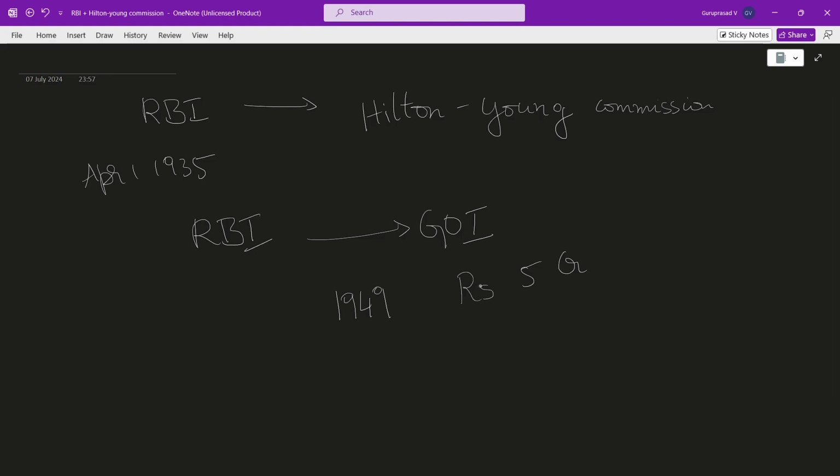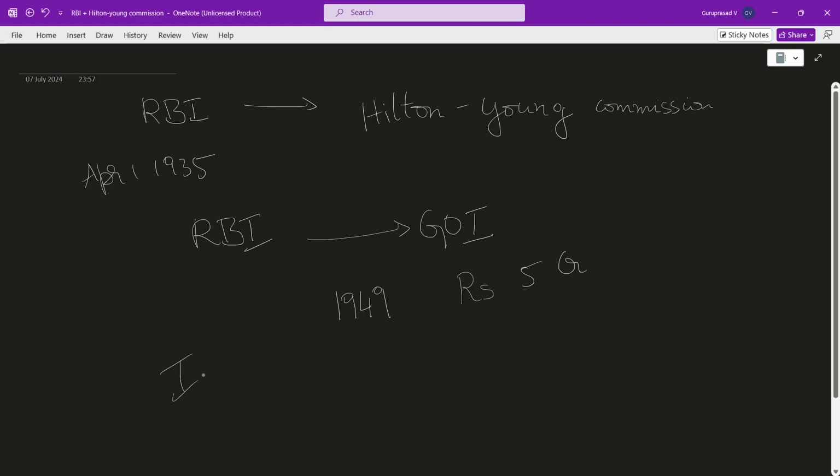So like every organization, RBI also has a preamble. I will not go about reading the preamble, but I will tell you the main objectives of the preamble.